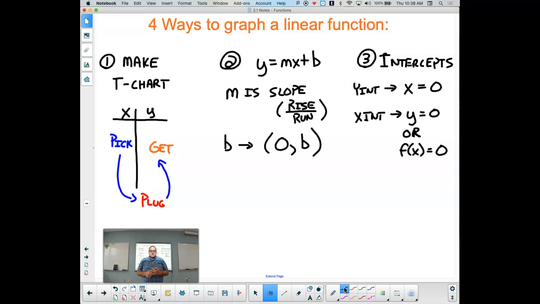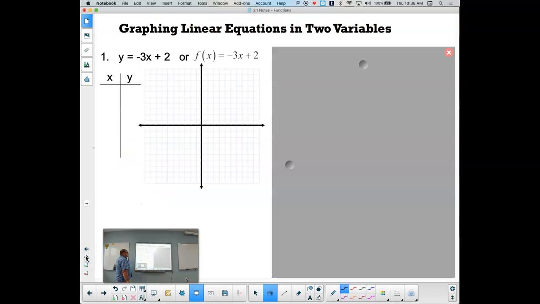But if I'm asking you to graph a function, I expect to see a to-scale graph somehow, either on an actual piece of graph paper or on a well drawn out graph that you created on your piece of paper. Okay? So let's try one of these because we've done a ton of graphing before in our lives, just to get back to thinking about it. Okay?